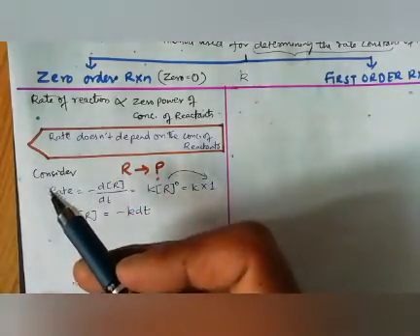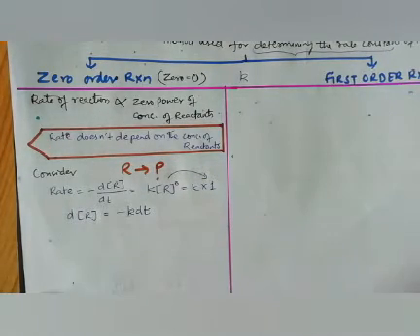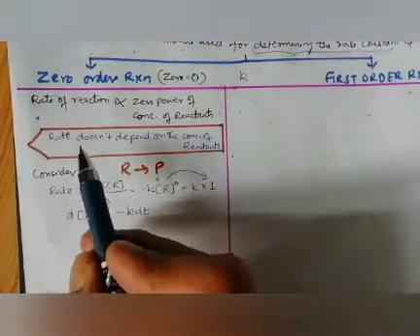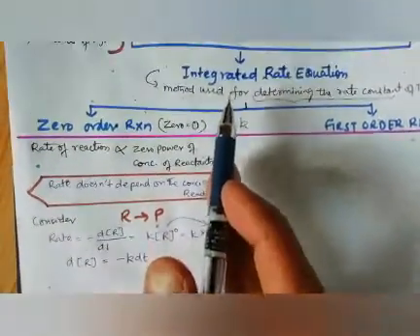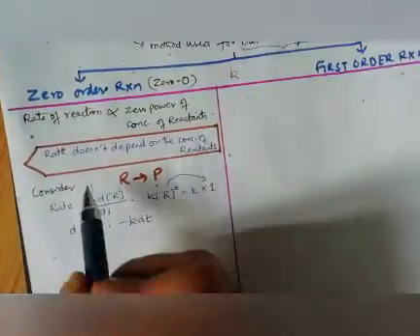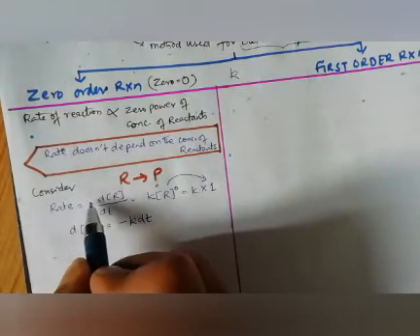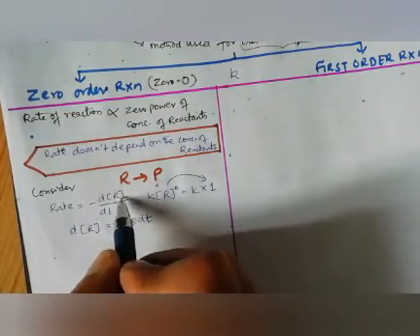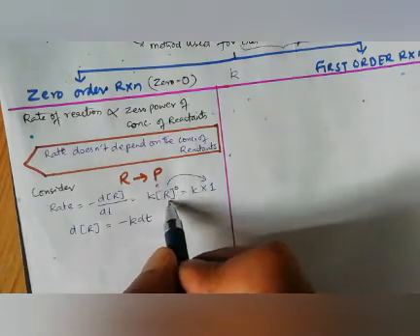It is not always suitable for determining the instantaneous rate of reaction, which is measured by determining the slope of the tangent at point t. So it becomes difficult to determine the rate law, and hence the order of reaction can be determined by the integrated rate equation.